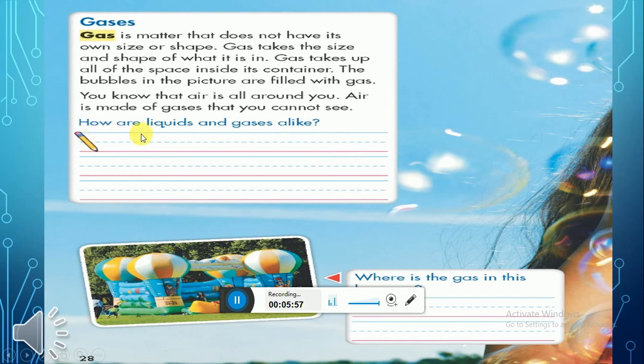Can you tell me how liquids and gases are alike? Liquids and gases both take the shape of the container, but gases change their size. Excellent. It can grow bigger or smaller to fill the container.